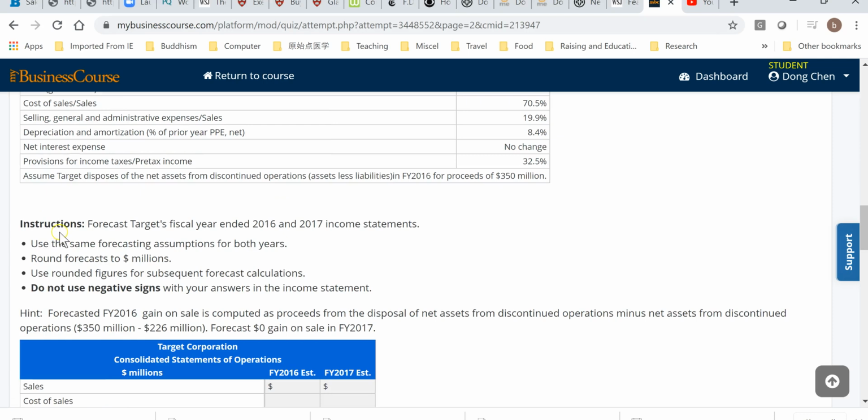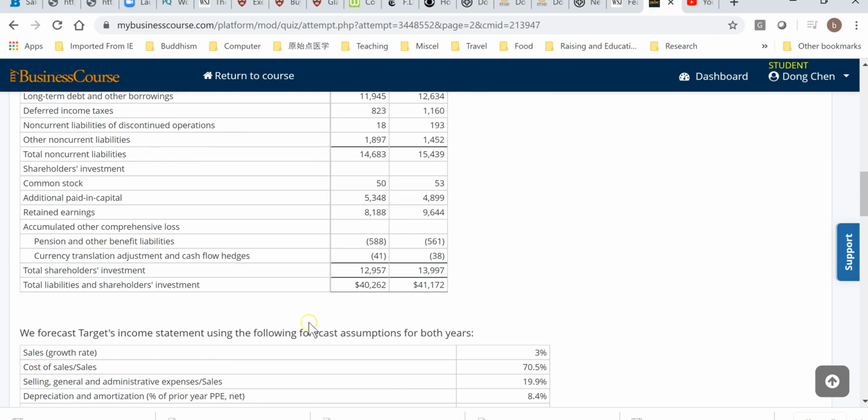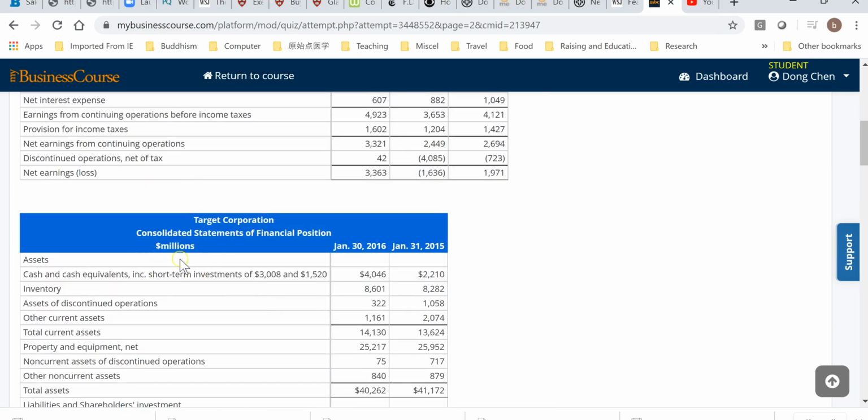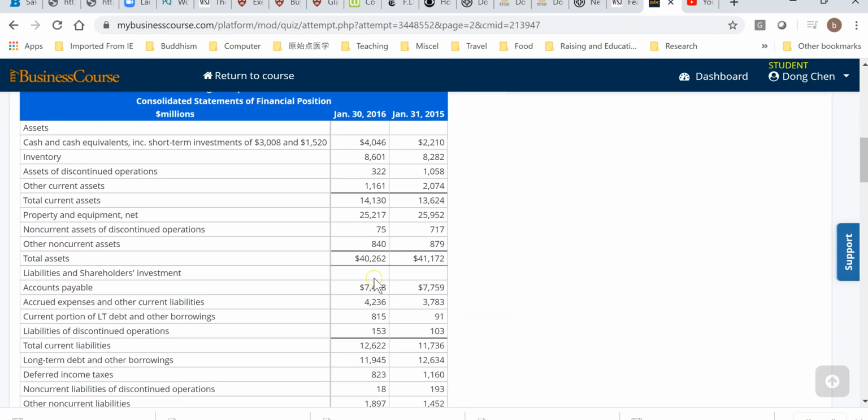And we also need to be careful about these instructions. Forecast the target's fiscal year ended 2016 and 2017 income statements. Use the same forecasting assumptions for both years, round forecast to millions. So that means we don't have to keep the decimal places because all these numbers here are already in millions.